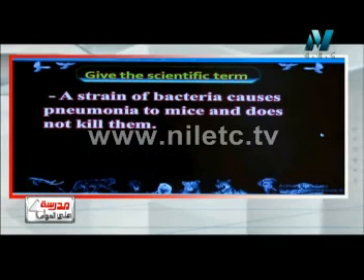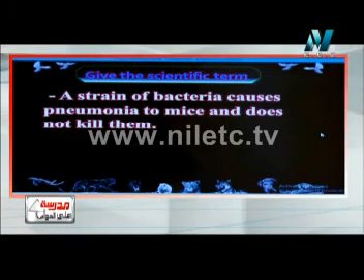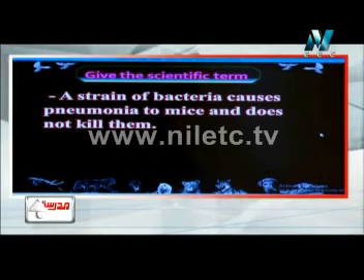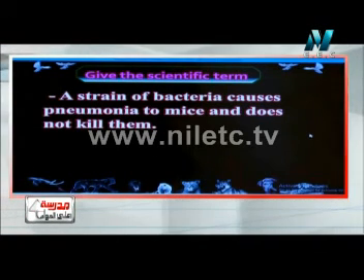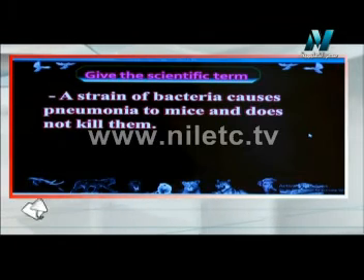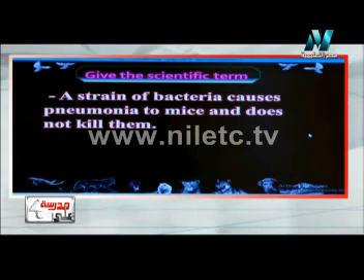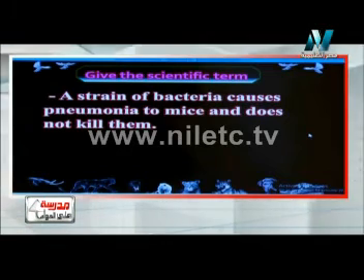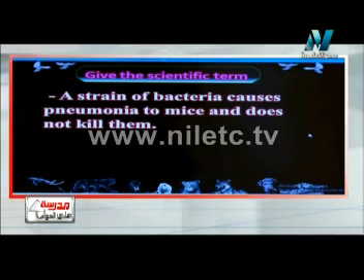The next question, give the scientific term. A strain of bacteria causes pneumonia in mice and doesn't kill them. We remember that there are 2 types of pneumonia bacteria. One of them is the virulent bacteria, which causes the disease and leads to death, but the other is the non-virulent bacteria, which acts as the rough bacteria, represented by R capital, causing pneumonia disease but not leading to death.